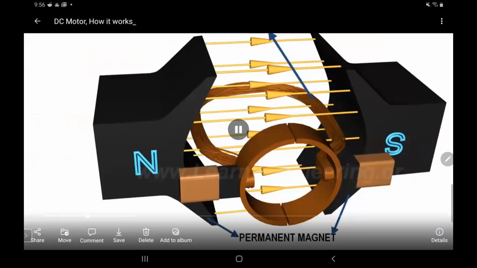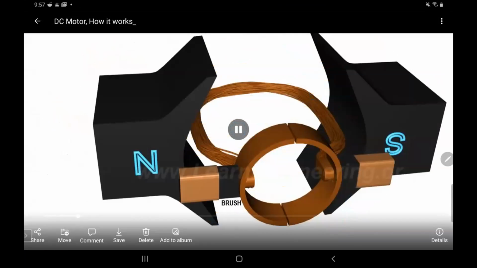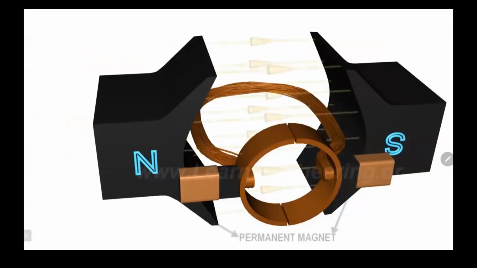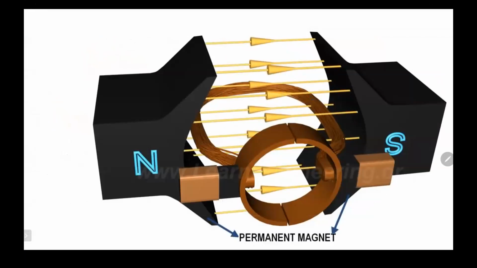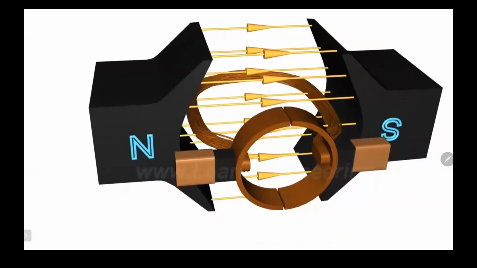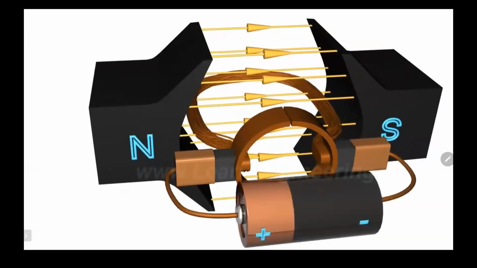I'll show you. The motor has a loop, and the loop connects with a battery. On the left and right, there are magnets, and the magnets generate a magnetic field from left to right. You can also see for the loop, the current on the left goes in, and on the right goes out.